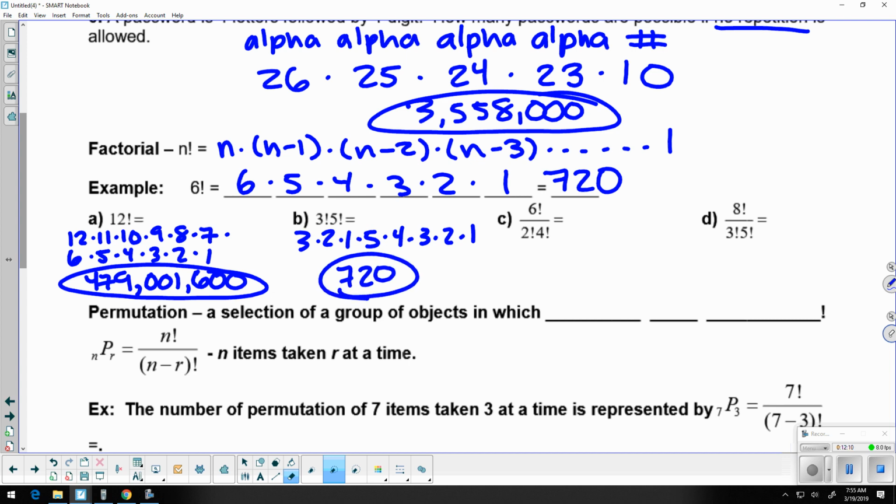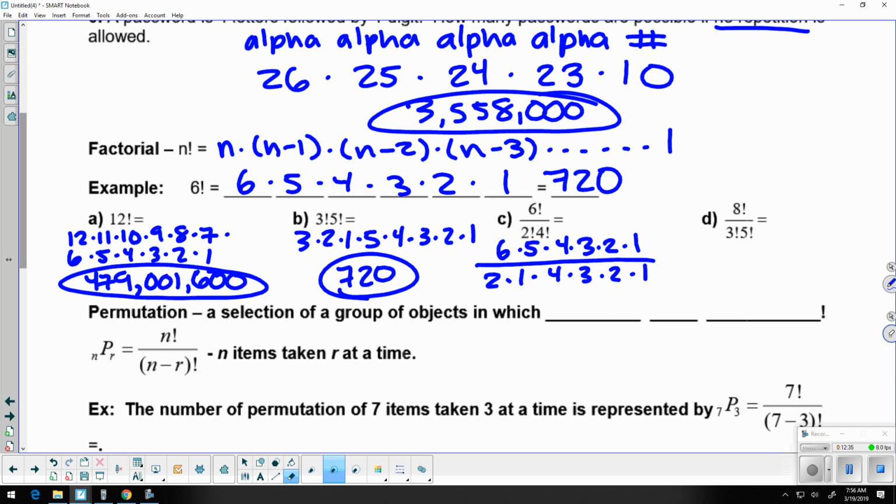For C, there's a little trick to this. We have 6 factorial over 2 factorial times 4 factorial. I'm just going to write it all out. Here's 6 factorial on top. On the bottom, we have 2, and then also 4 factorial. A lot of this you don't even have to multiply. You can do some canceling that'll help you with your multiplication.